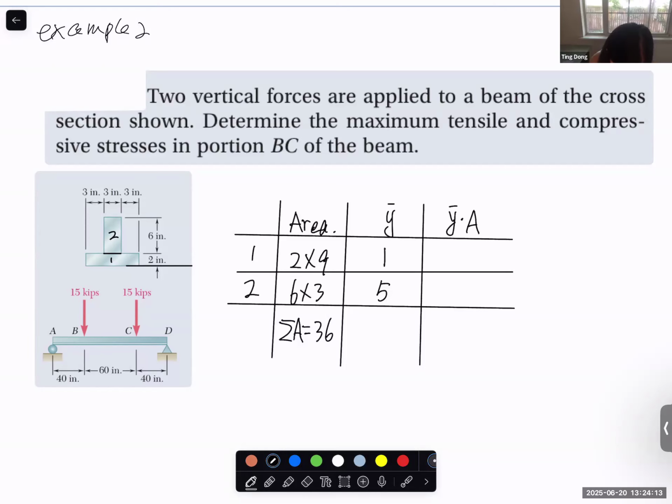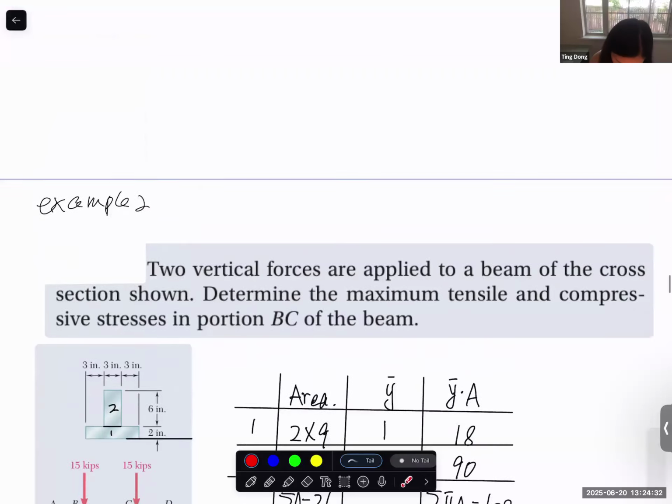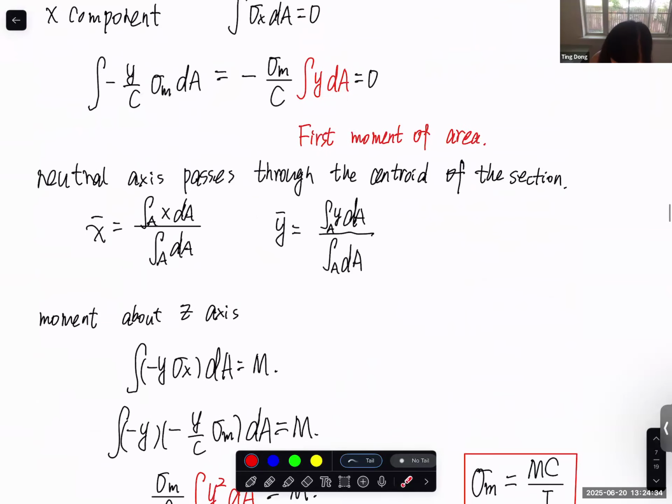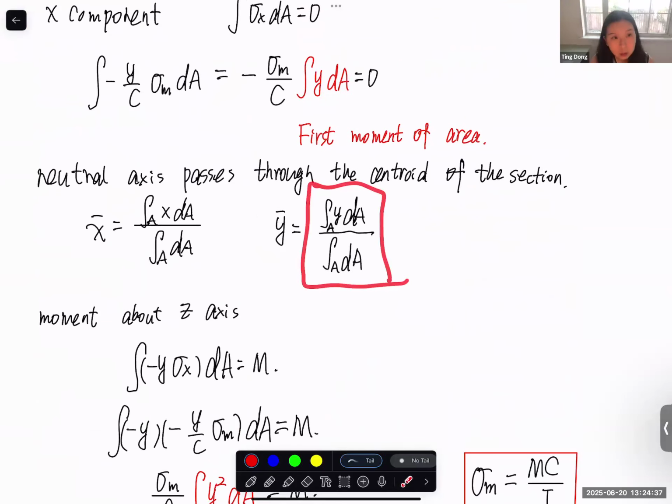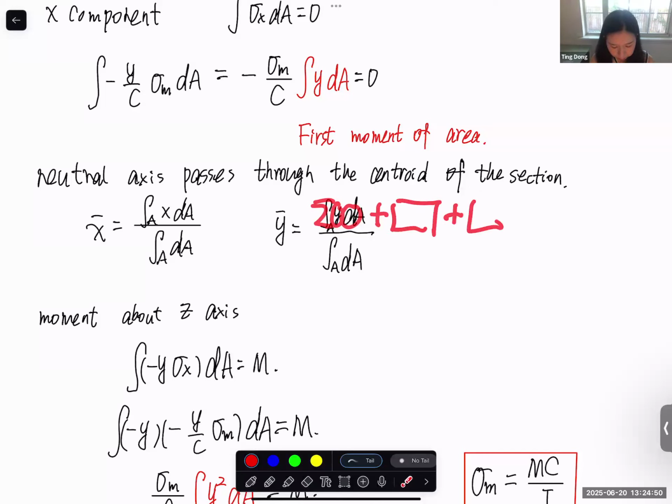So for the first area, it is 18. Second area, 90. So the sum of y bar times A is equal to 108. Now, if you are getting lost here, let me show you this one again. The centroid in the y direction is equal to the sum of y times A for all the different components.